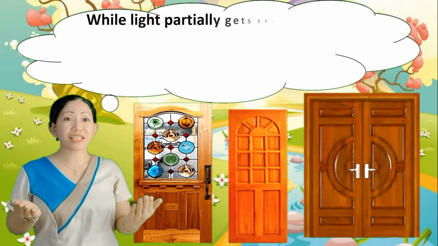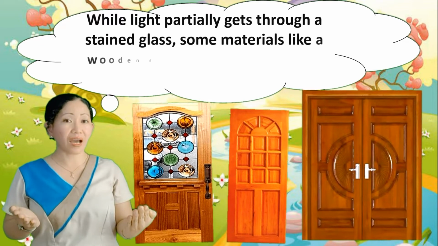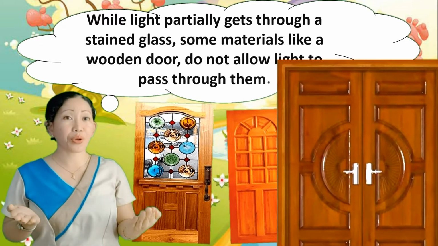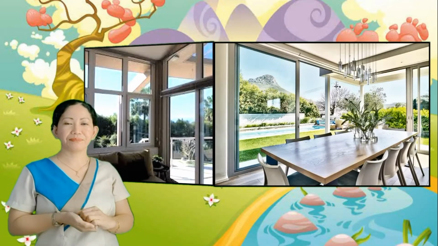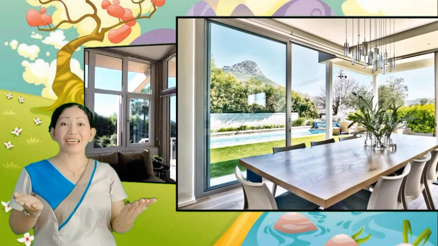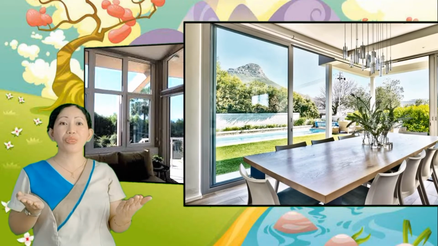While light partially gets through a stained glass, some materials, like a wooden door, do not allow light to pass through them. There are also materials like clear glass windows that let light shine through them.